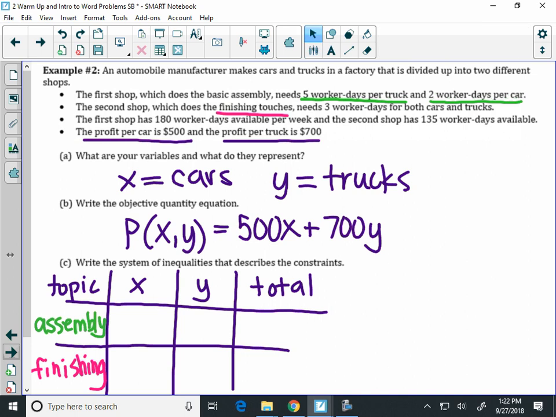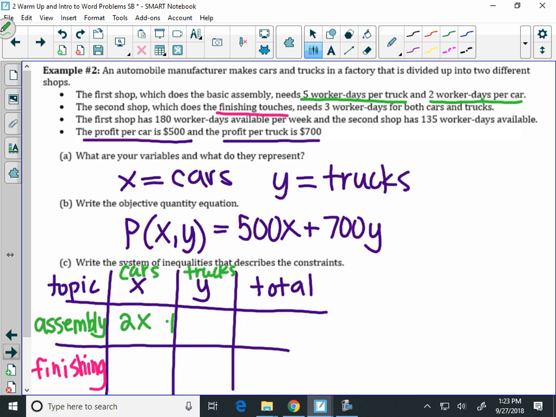How long, so X was cars. How long do they give to assemble a car? 2 days. So we'll put a 2x under the column for cars. Then how long do they give us to assemble trucks? 5 days.